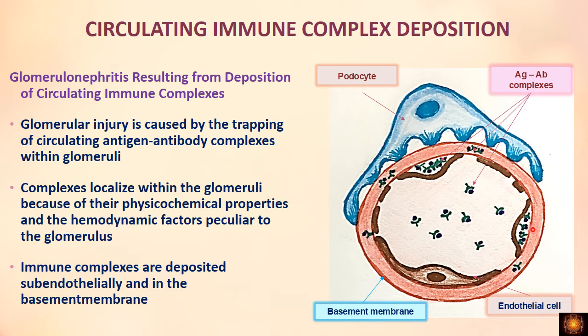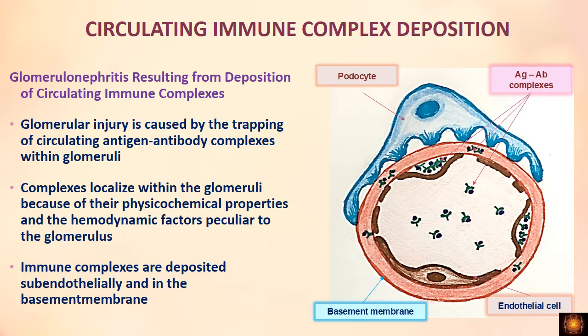Now the trapping occurs either because of their physicochemical properties or the hemodynamic factors which are very peculiar for the glomerulus. So these circulating immune complexes typically are deposited either subendothelially or in the basement membrane. So this is about the circulating immune complexes.